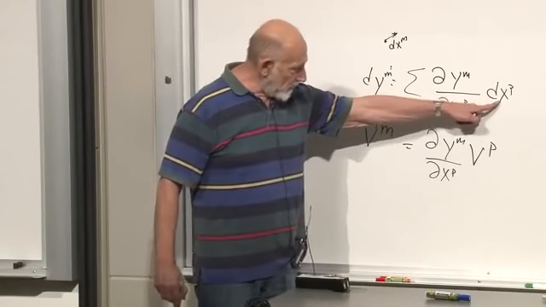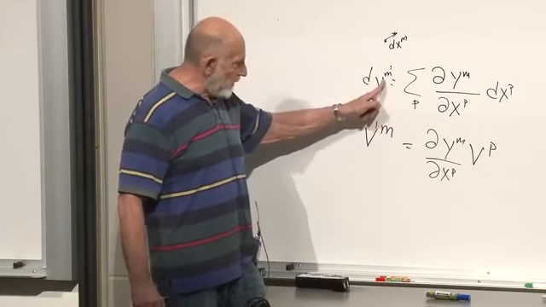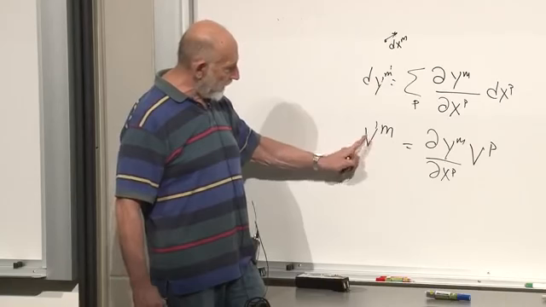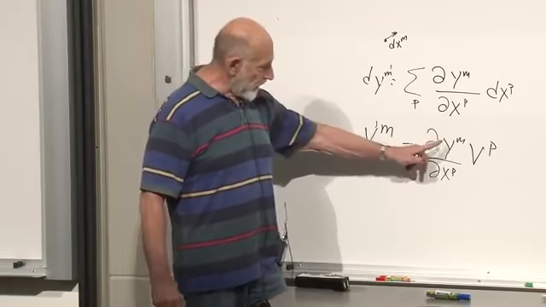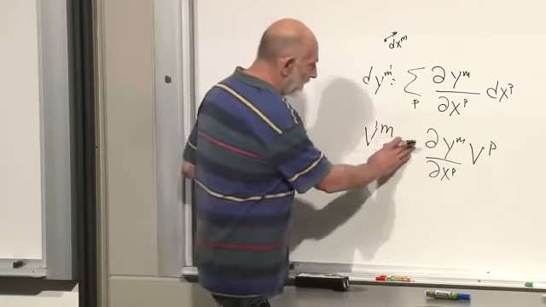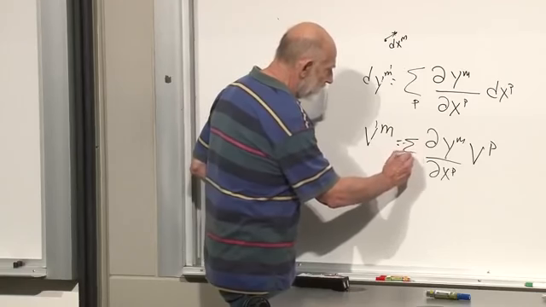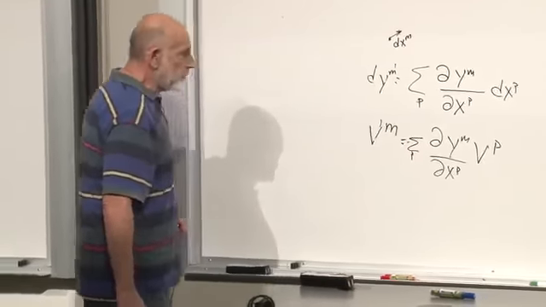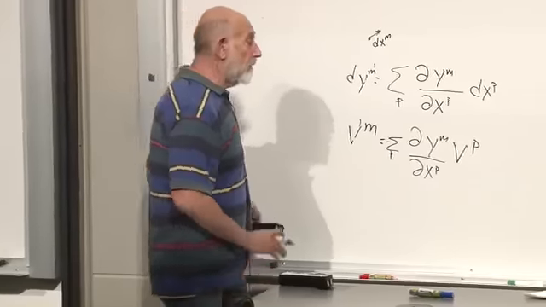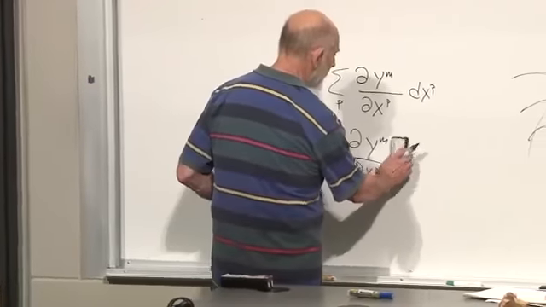This is the pth component of a vector. This is the mth component of vector in the primed reference frame. This is the transformation property summed over p. This is the so-called transformation property of a contravariant vector.